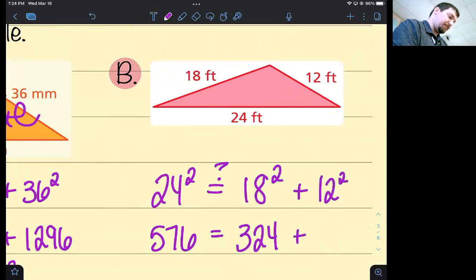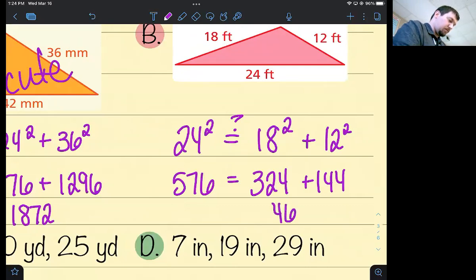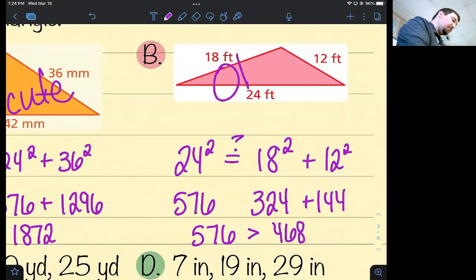Okay. 324 plus 144 is 468. Is that right? Oops, I keep putting equals because I'm used to doing that. Not actually equal at all. Is c squared greater than or less than a squared plus b squared? Jimmy? It's greater than. Yeah, so this is going to be obtuse.